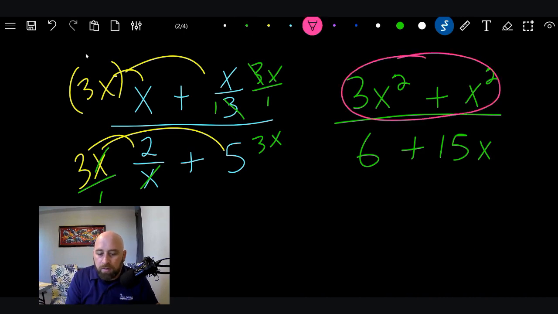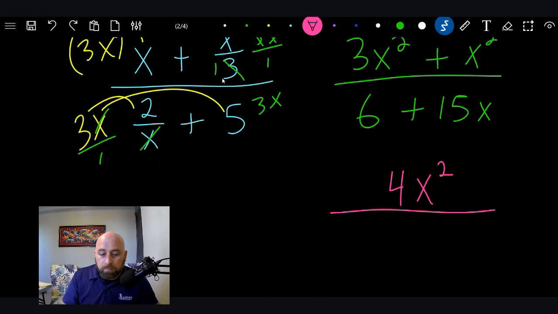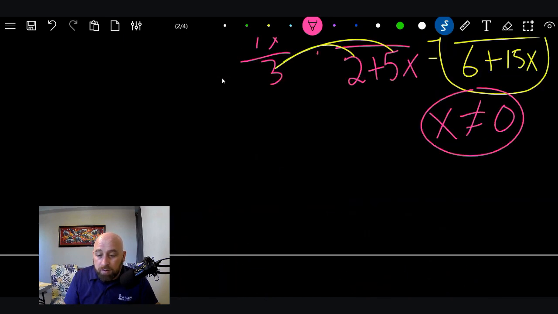Now we just want to combine our like terms up there on top. We get 3x squared plus x squared is 4x squared. Down here, we can't really do anything. Theoretically, we could pull out a common 3, so we could put that as 3 times 2 plus 5x. That would be fine, and you notice we got the same thing.